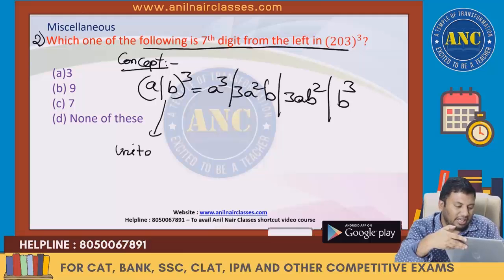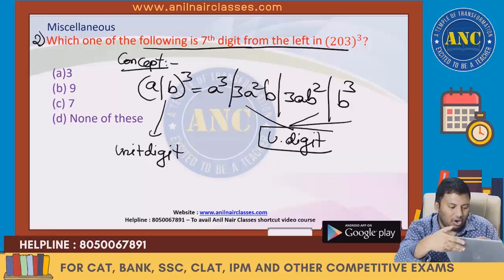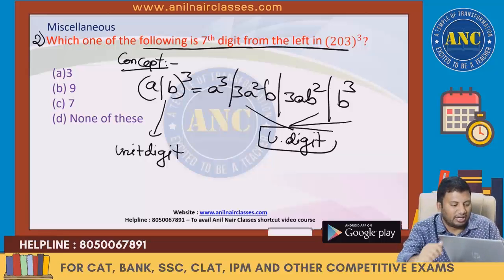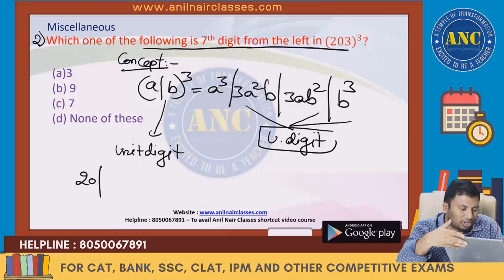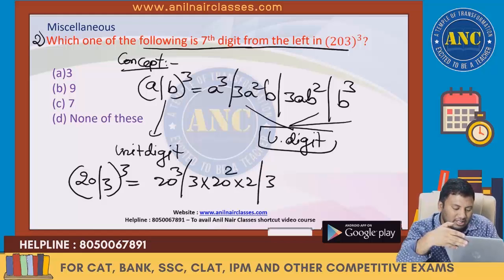If it is taking unit digit, all these places will take only the unit digit, which we discussed in our class. 203 whole cube, 20 plus 3 whole cube. This is A cube. Next is 3A square B. Next is 3AB square. And next is B cube.